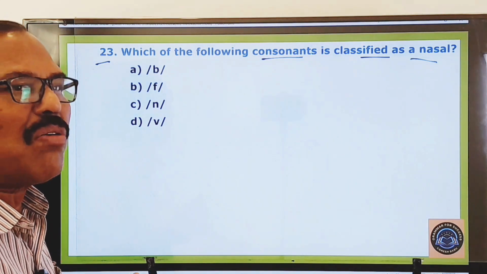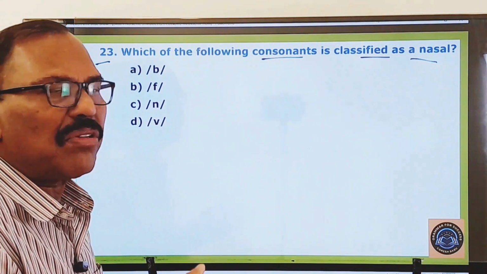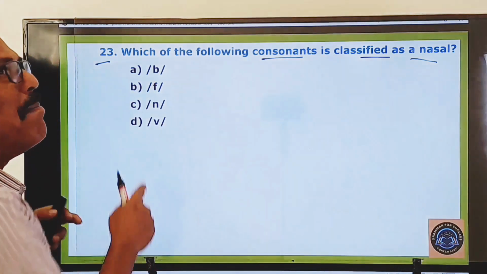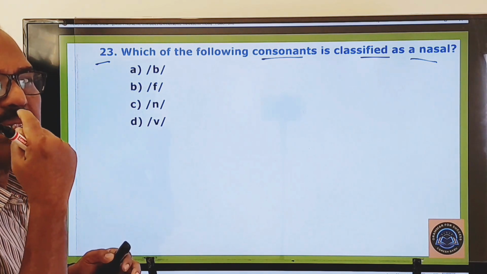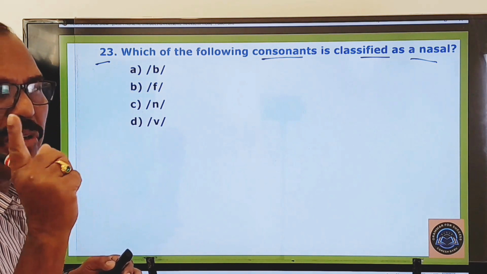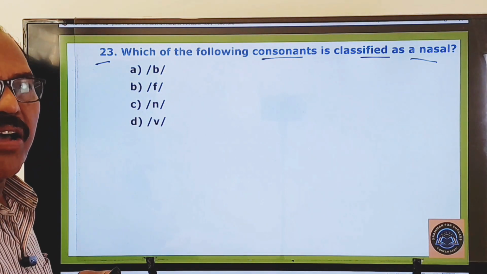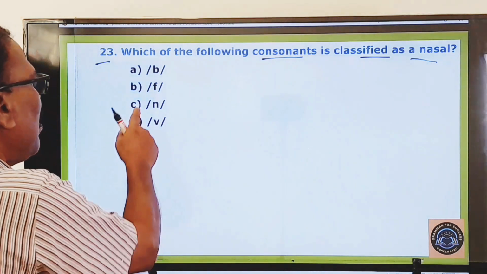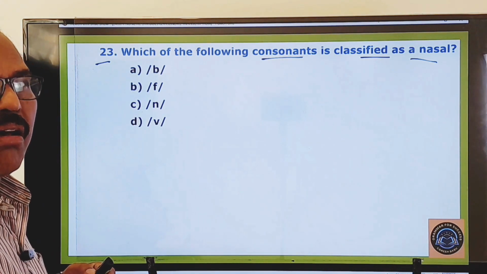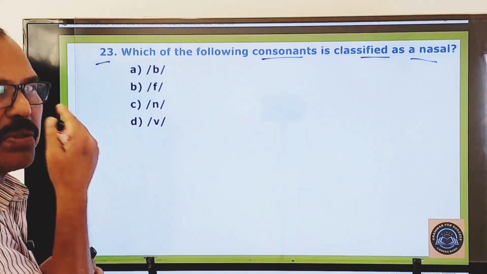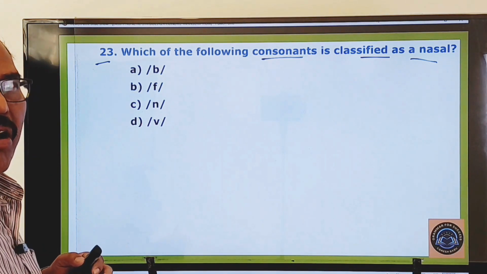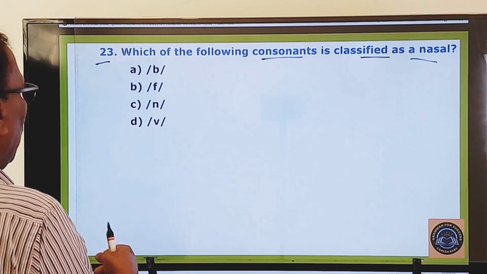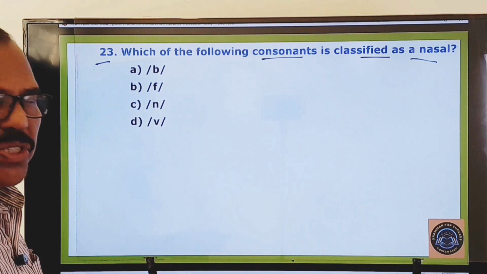Ba, is it coming through the nose? No. Fa? No. Na? Check. Va. So you check that.